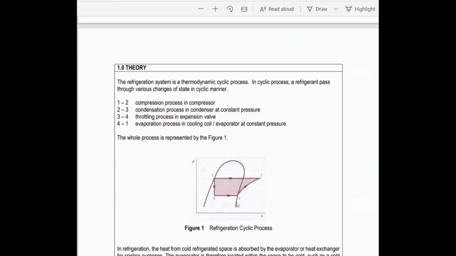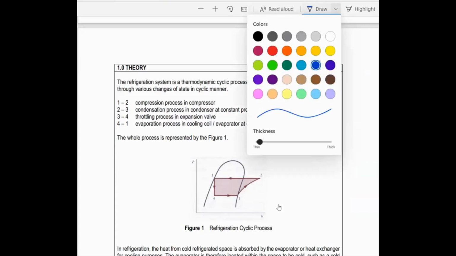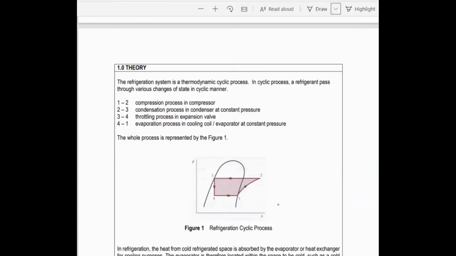From 1 to 2 is the compression, which occurs at the compressor. Meaning that number 1 is the point before the compressor, and number 2 is the point after the compressor.